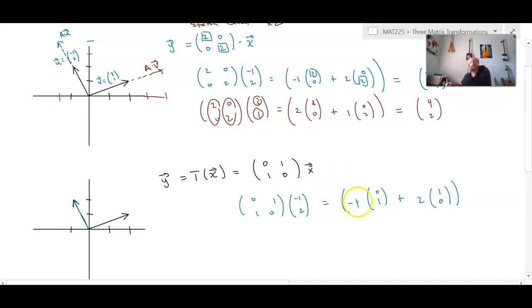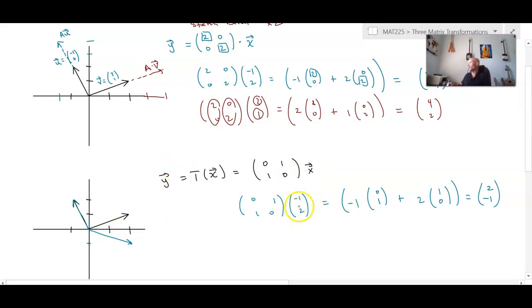Negative 1 is now multiplying 1, which is in the y component, and 2 is now multiplying 1, which is in the x component. And so what we get as a result is a swapping of the two coordinates. It now becomes the new vector 2, negative 1.